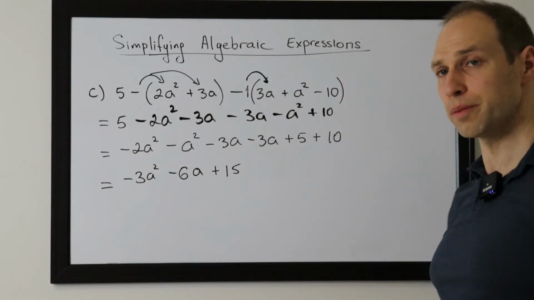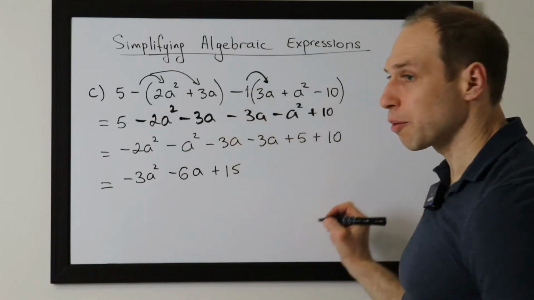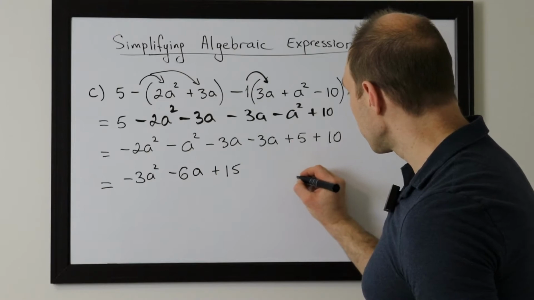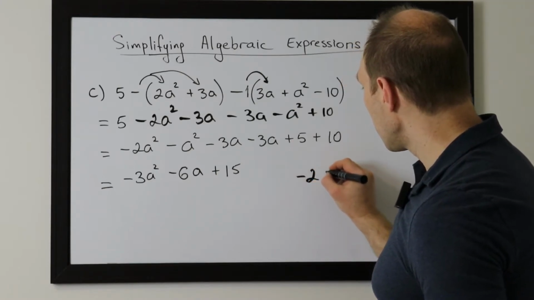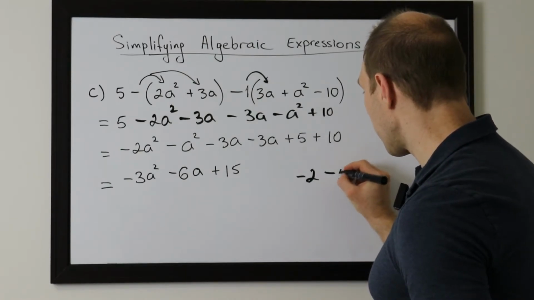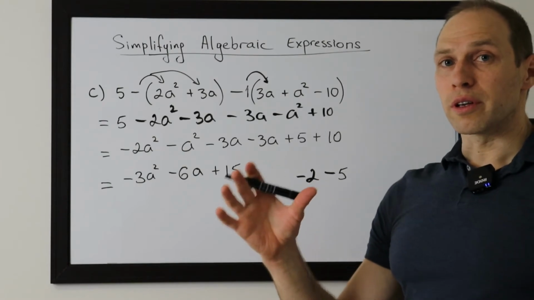Okay, before we stop, let's address the negative numbers, because I understand most of the time the confusion is when you take a number that's negative, for example negative 2, and you're subtracting another number from it, such as 5. The example I like to use is a building analogy.